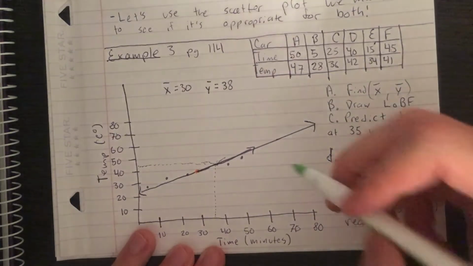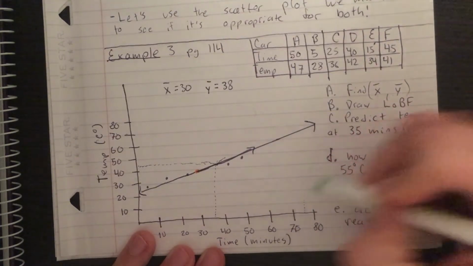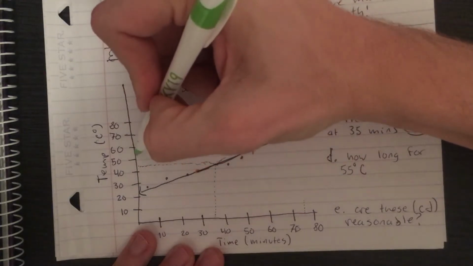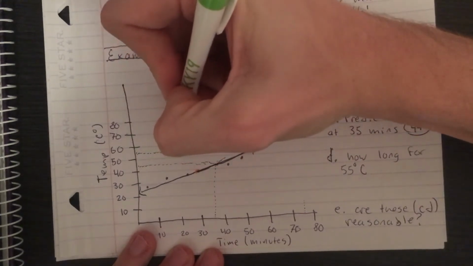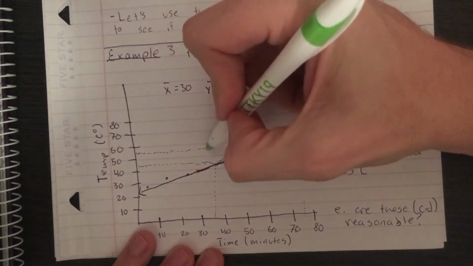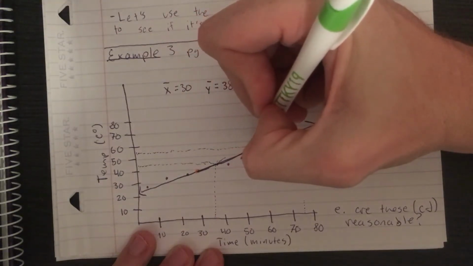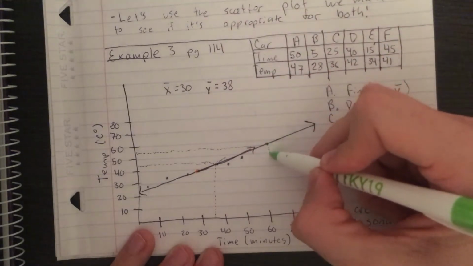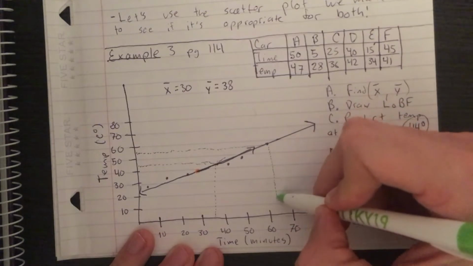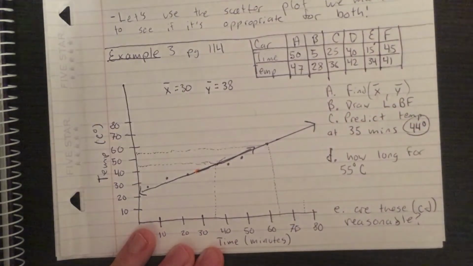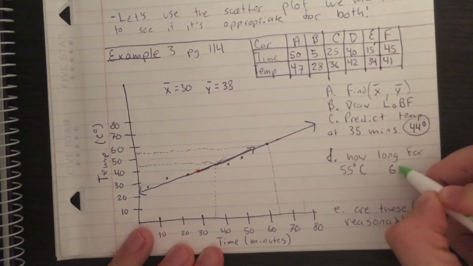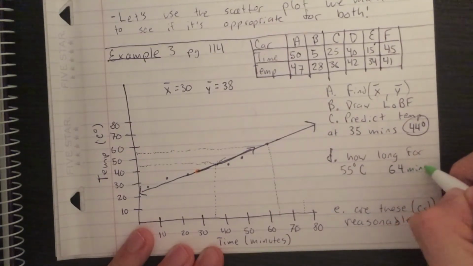So then, excuse me, sorry. We want to know how long it's going to be for 55 degrees. So if we go to 55 degrees here, and we hit right here on this graph, and we go down, according to the graph that Mr. Price has made, that's going to be, it's a little less than half, 64 minutes.